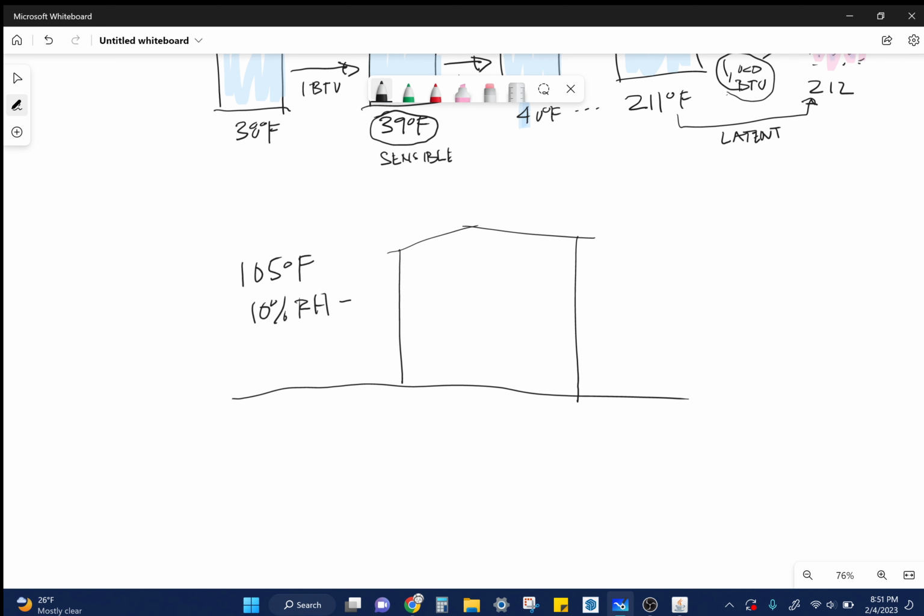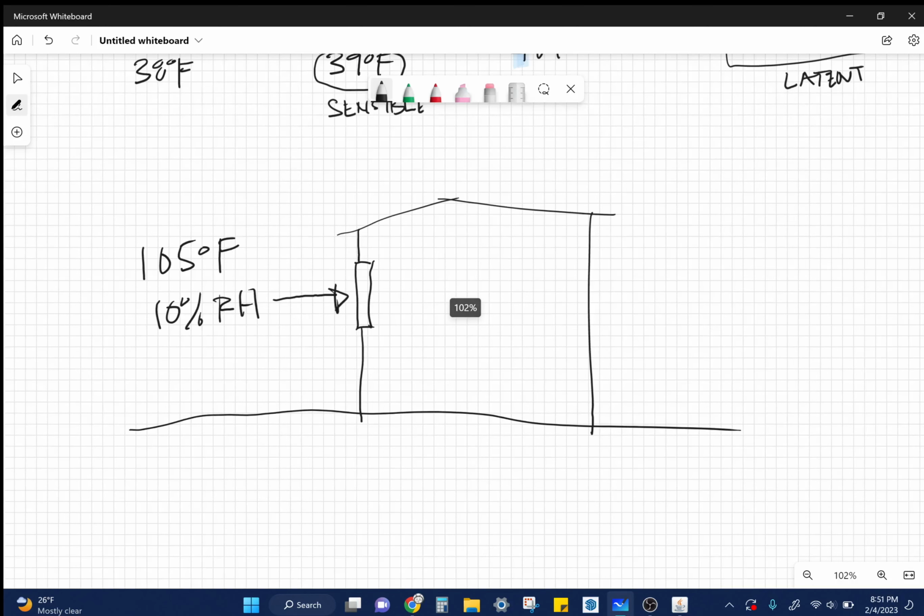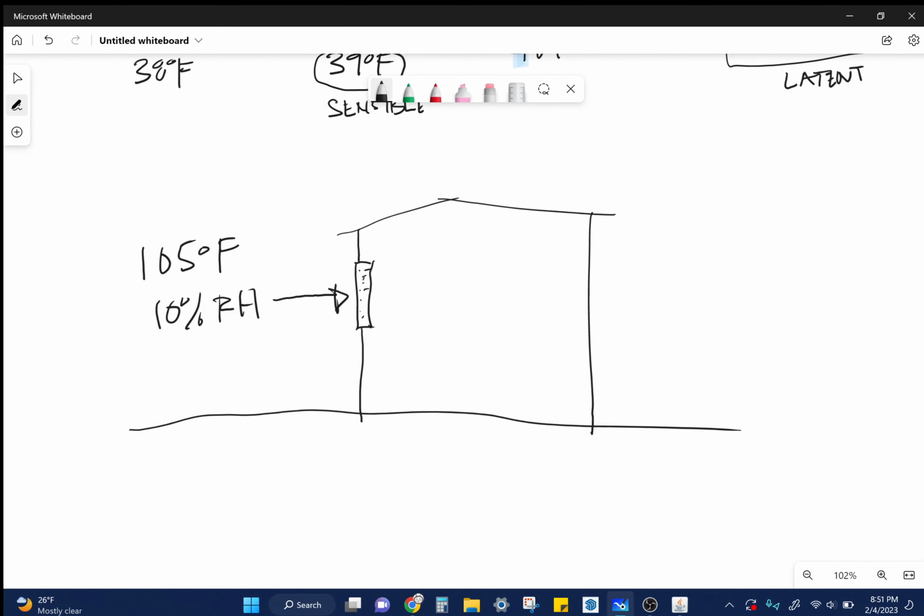If we bring that air into the building, but through a material, so let's say this is some kind of porous filter cloth, or just a commercial filter, sorry, technical difficulties, that's soaked in water.